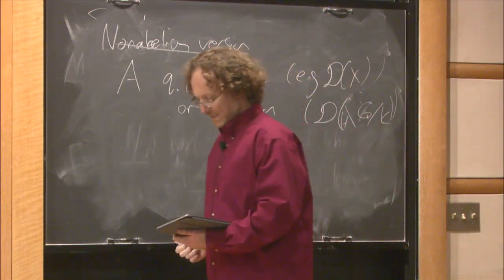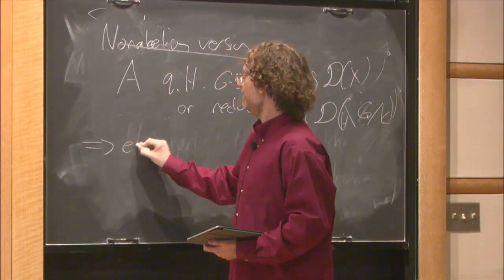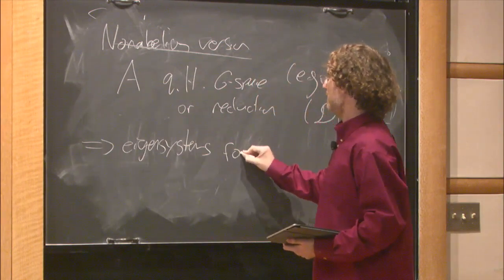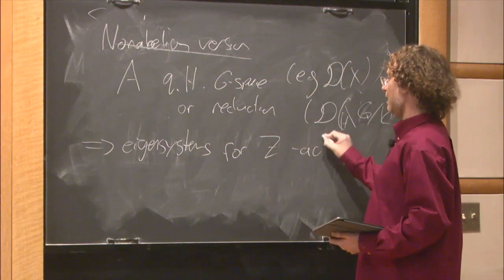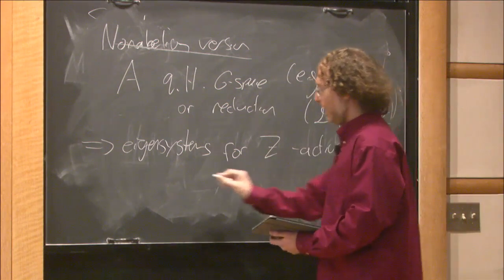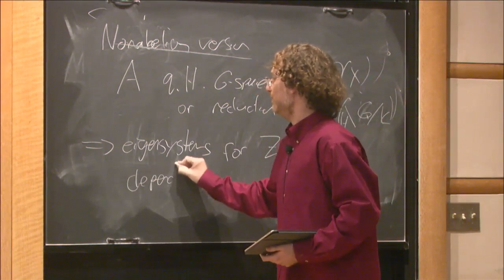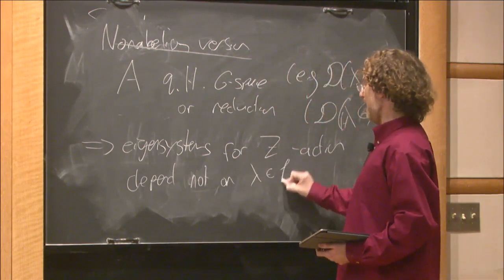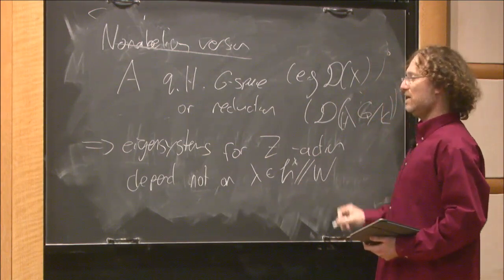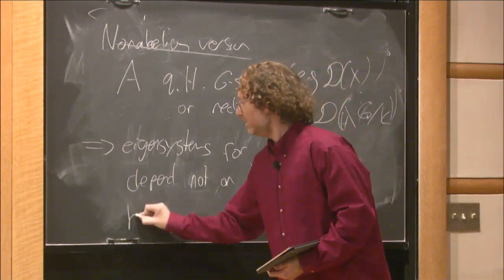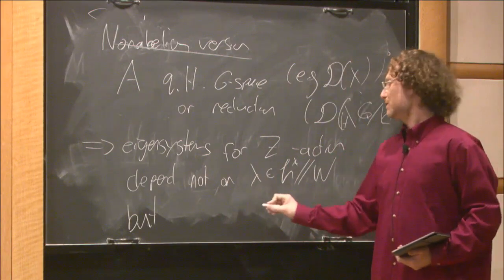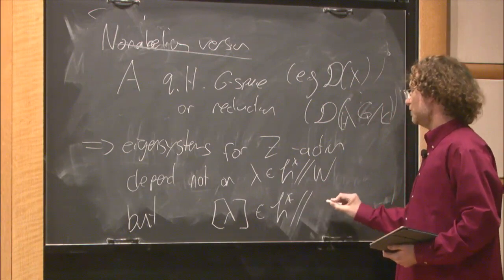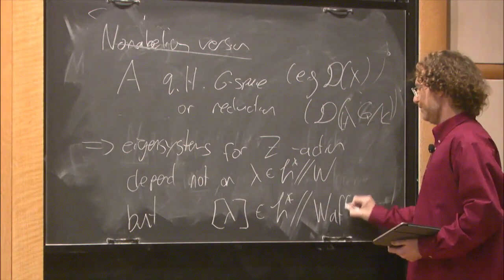Whenever you have one of these, the claim is that the eigensystems for this action, these Harish-Chandra operators, the commuting operators, depend, let me say it first informally, not on lambda, the eigenvalue, which lived in this space, Cartan mod Weyl group, but they have an extra translation symmetry. So they depend on the class of lambda in a space which is Cartan modulo the affine Weyl group.